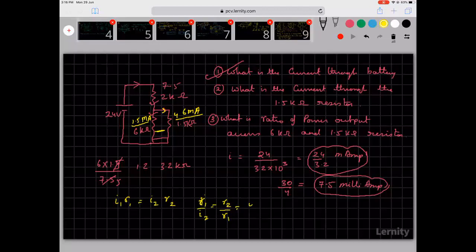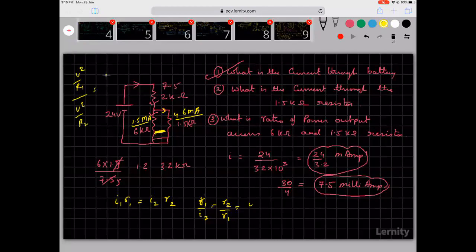Then the last part of it is very simple. What is the ratio of power output across the 6 kilo ohm and 1.5 kilo ohm resistor? So the ratio of power will become, because these two are in parallel, V is the same, V squared by R1 by V squared by R2.